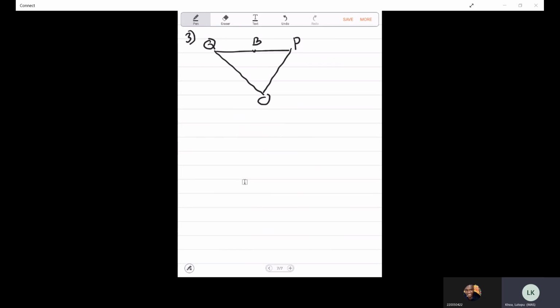We're told that B is the midpoint of QP, so it divides it in the ratio 1 to 1. And then we have a point A somewhere here. And we are told A divides OP in the ratio 2 to 1. So this is 2 and that is 1. And then we have another point C over here. And we are told C divides OQ in the ratio 1 to 3.